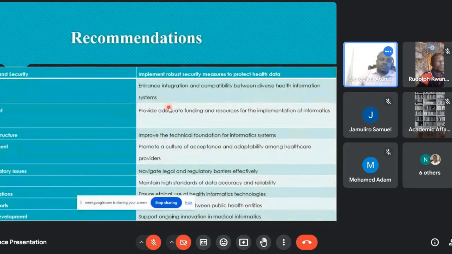Recommendations. Based on these studies, our findings, we recommended that there should be enhanced integration and compatibility between diverse health information systems.